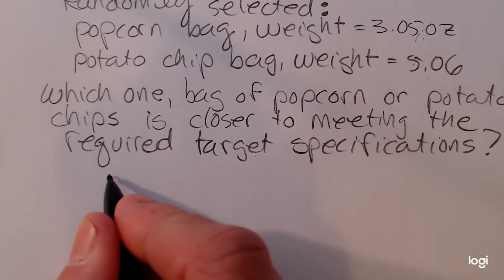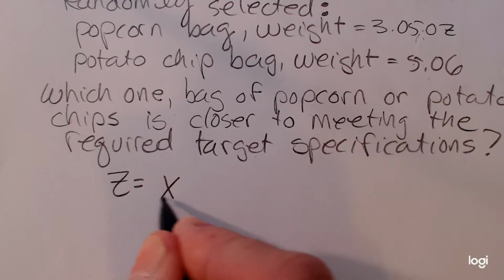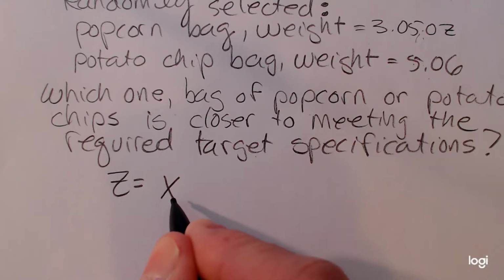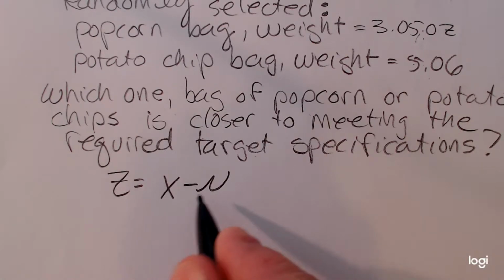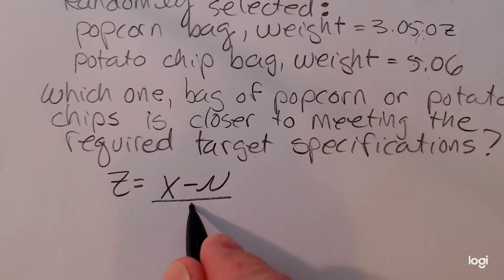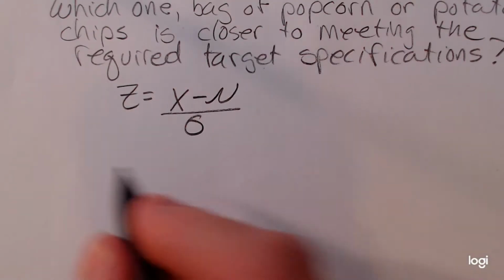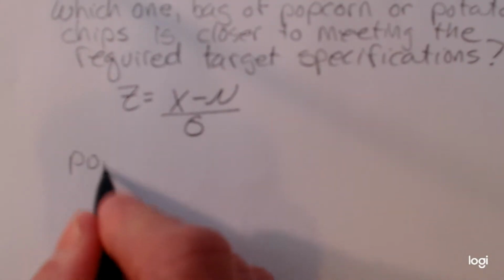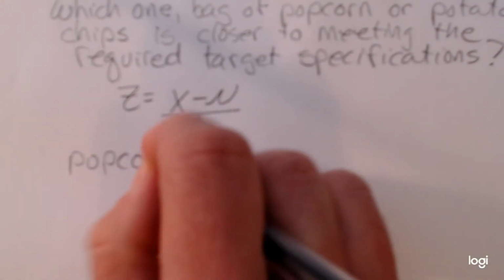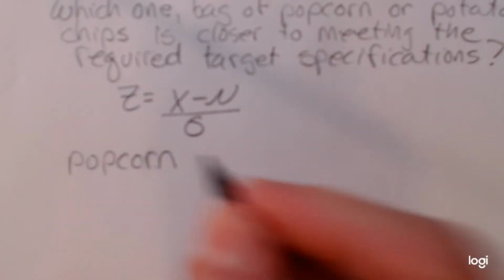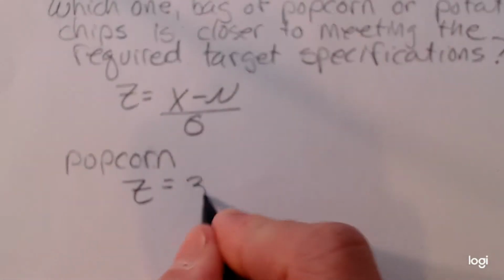Now the z-score formula is equal to our x value, that would be a single data point or an observation, minus the mean for that particular population, divided by the standard deviation for that particular population. So for the popcorn, the z-score would be 3.05.